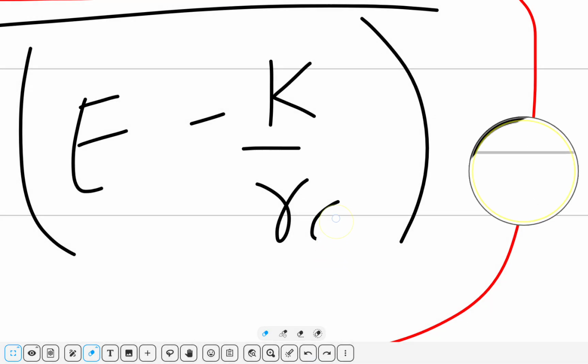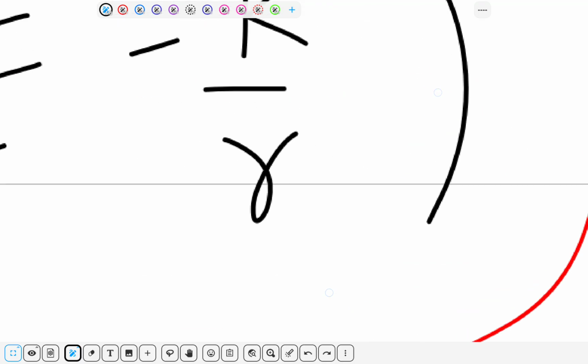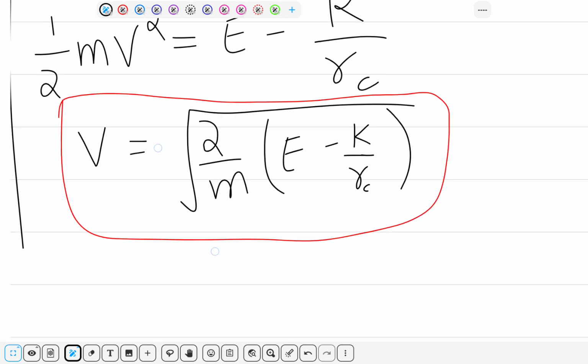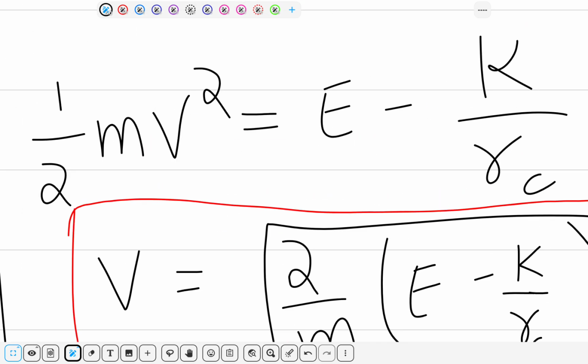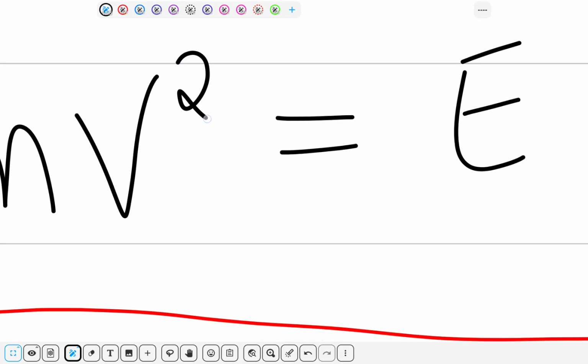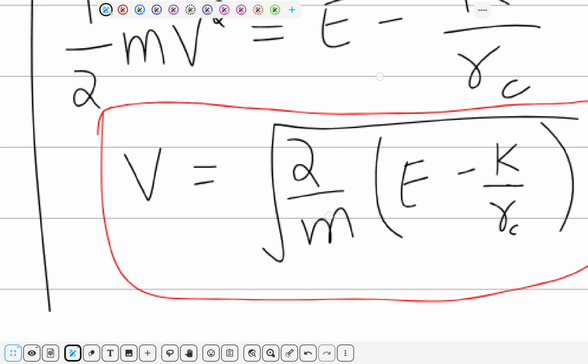And now finally, finally what? Nothing. Okay, this is confusing, so I will use some other variable for speed.